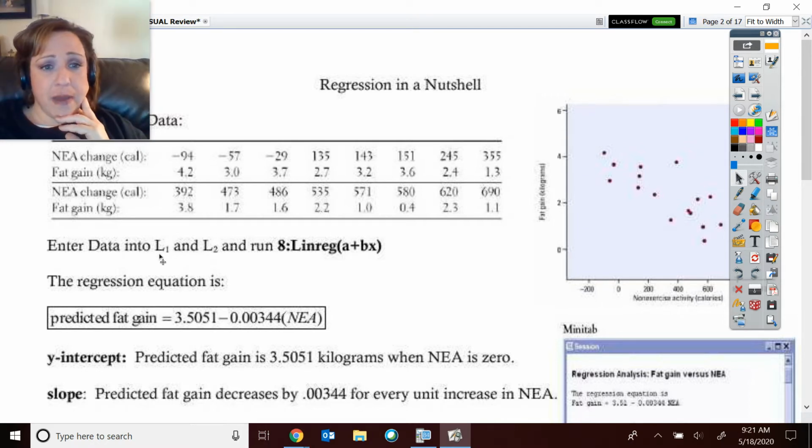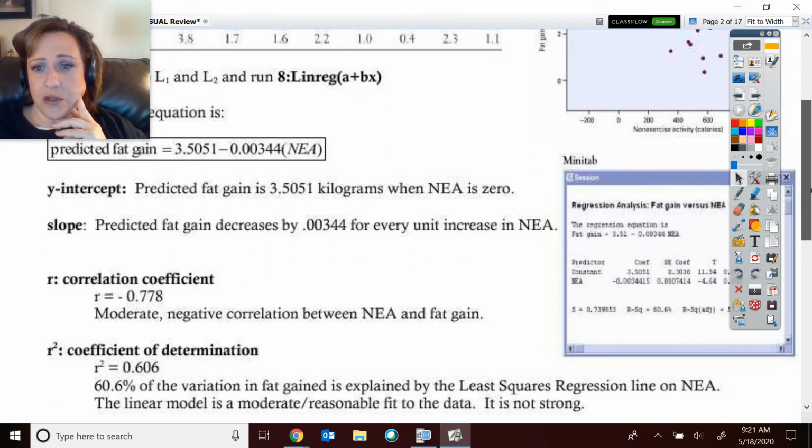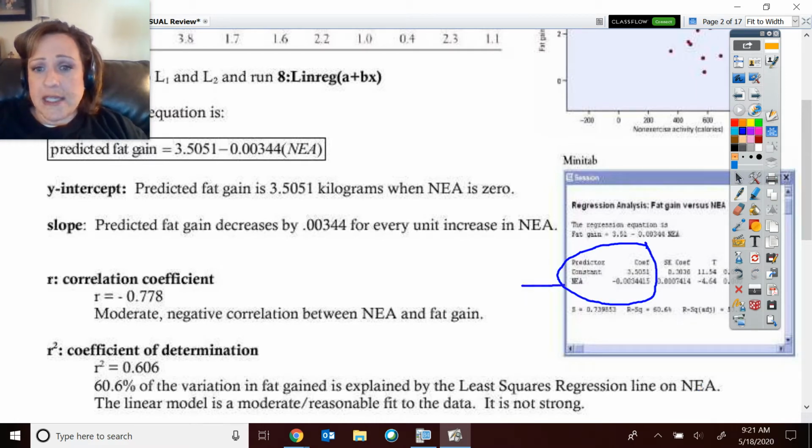Here it talks about how, to get that linear regression stuff, you put your data into the calculator and run a regression. But look here, here's an example of a computer printout on the right hand side. In particular, we really want to know what is the x variable, what is the y-intercept, and these coefficients are the slope and the y-intercept.